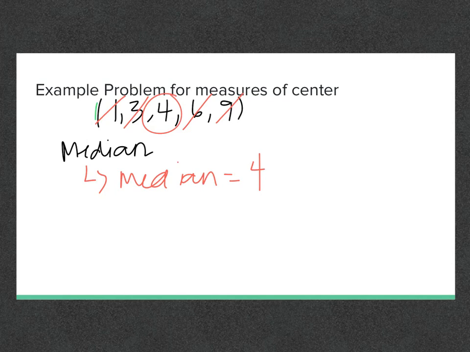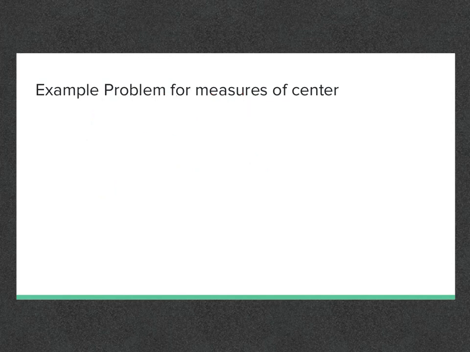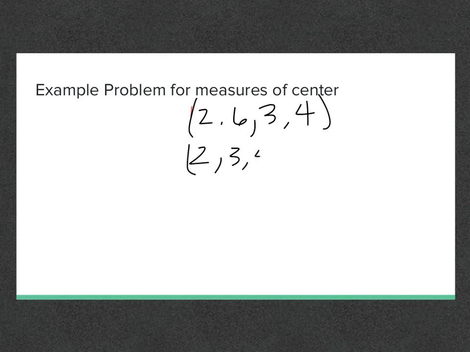Now if I wanted to do my mode, I can start with another data set, something like 2, 6, 3, 4, and that is written in order as 2, 3, 4, 6. And here, as you can see, everything only occurs once, so I actually have no mode in this one.